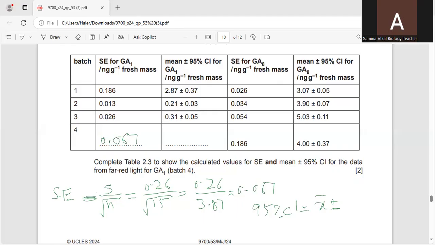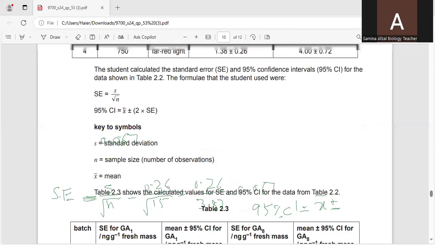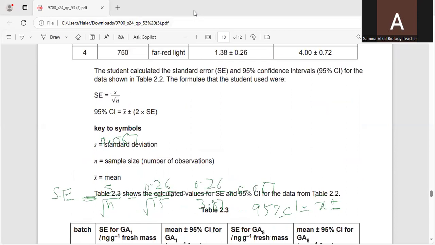For this purpose, we will take the formula from the back as usual. Mean is equal to this formula. Now we will use this formula. And the mean, we will take the mean value from the table 2.1, which is 1.38.